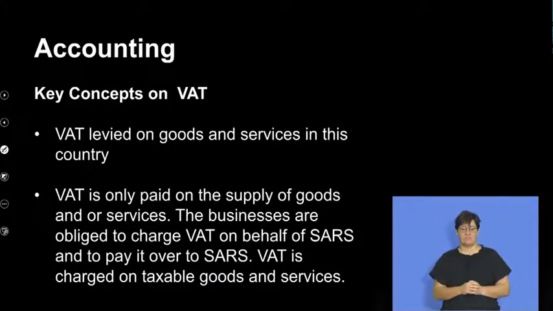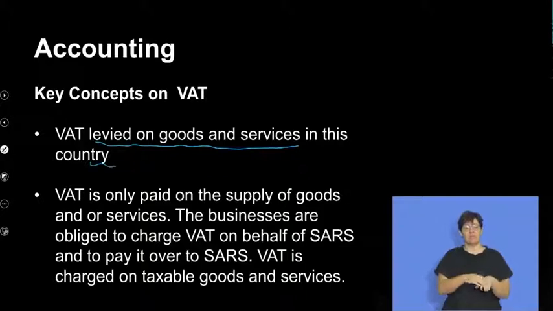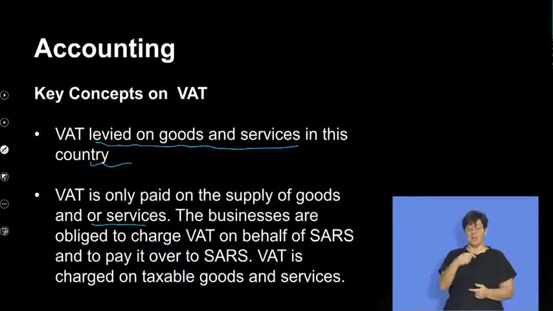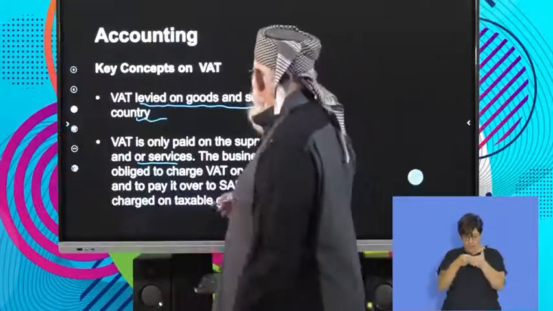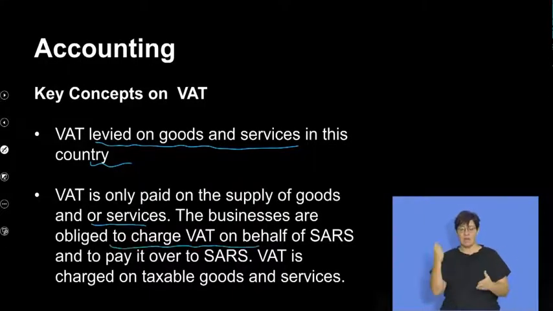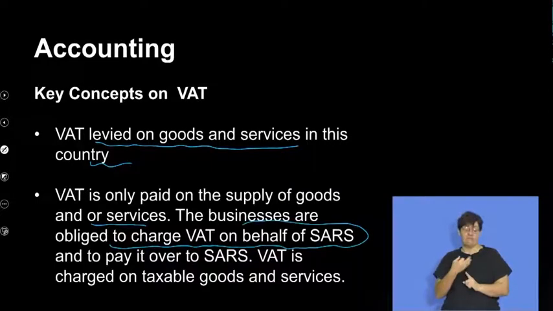Now we said that VAT is levied on goods and services in our country, right? We said that VAT is paid on the supply of goods and services. That means if you are a VAT vendor and you're buying goods, you're going to be paying that VAT, right? The business is obliged to charge VAT on behalf of SARS, and that's an important point.